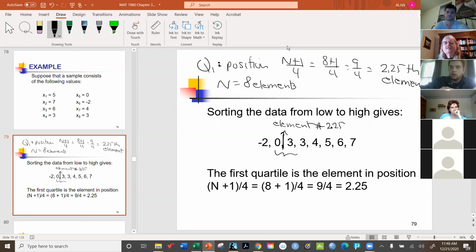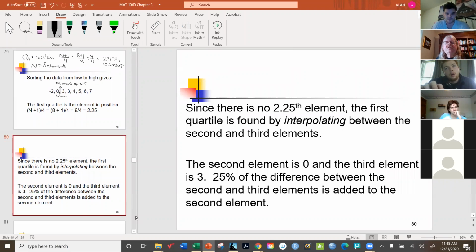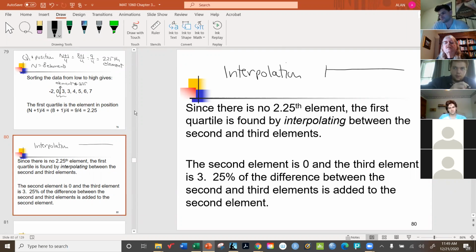Good question. We're going to resort to a procedure called interpolation. So in other words, we're looking for something in between 0 and 3, which is closer to the 0 than to the 3. 25% of the difference is here, 75% is here.